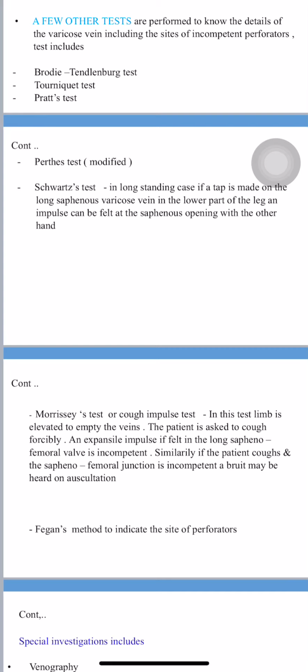Next is Fagan's method to indicate the site of perforators. This test can be done in the standing position. The places of excessive bulges within the varicosities are marked with a skin pencil. Then the patient lies down, the affected limb is elevated, and the heel is supported.